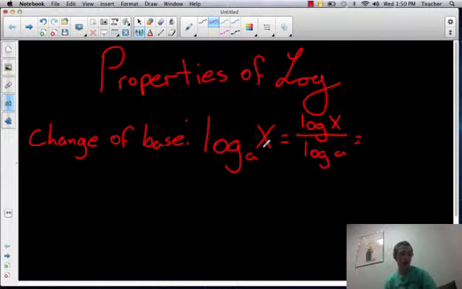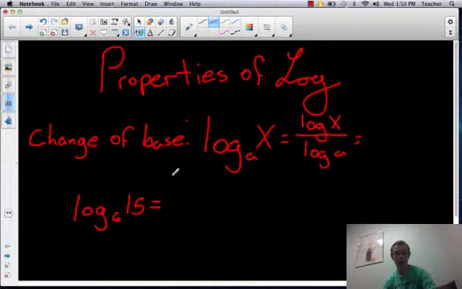So let's go ahead and take an example with this. Let's do log base 6 of 15. All right, we all know you can't put this into your calculator. But I want to figure it out because my math book is kind of dumb and it has this problem for me. So I would just take log of 15 divided by log of 6.